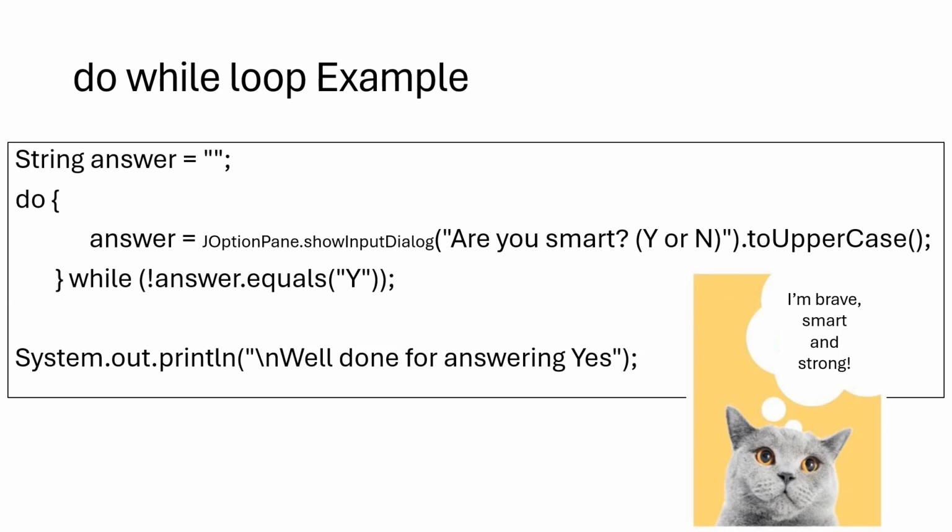We convert it to uppercase in case he types in a lowercase letter, and we close the curly bracket of the do while. We say while his answer is not yes, we're going to keep going around and around the loop because this user's got to say yes, he is smart. Okay, just making people feel good about themselves, and then we will print well done for answering yes.